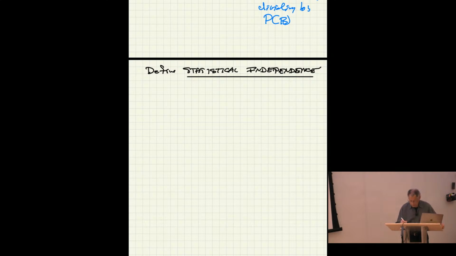Statistical independence of two events, A and B: these two events are statistically independent if and only if the probability of their joint occurrence equals the product of the probability of each.